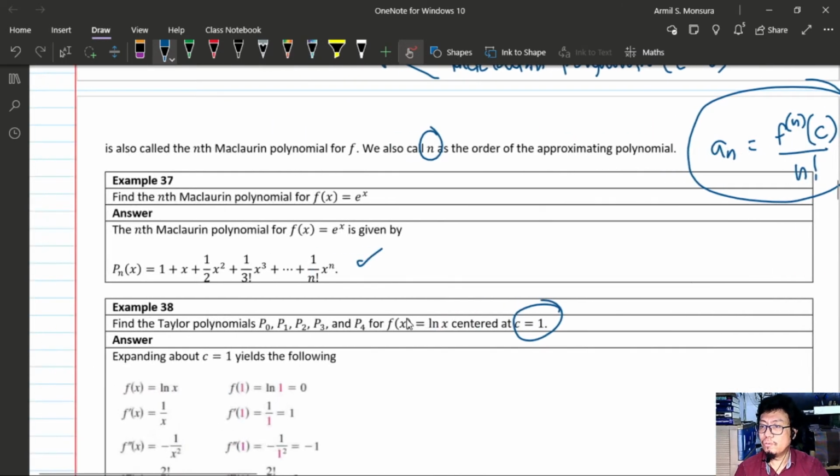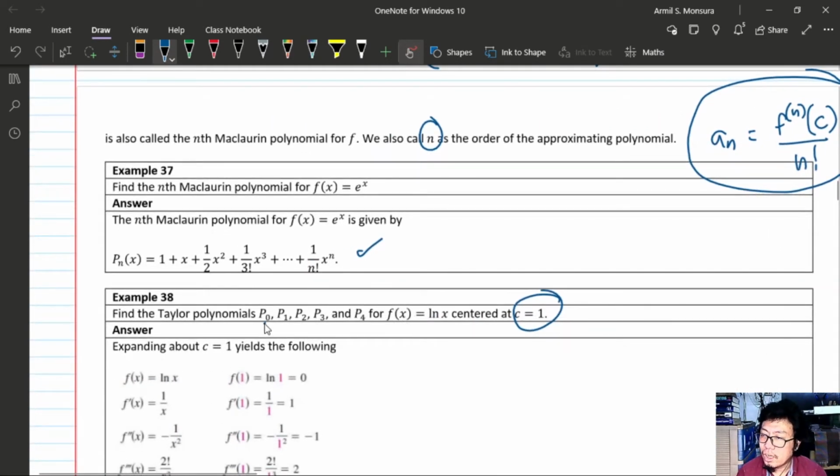Okay, so it requires us to evaluate your nth order derivative. This is your original function, and this is the first, second, third, fourth derivative. We need to find up to the fourth derivative of ln of x. So we have f of x equals ln of x. Our first derivative, f prime of x, is 1 over x. Our second derivative is negative 1 over x squared.